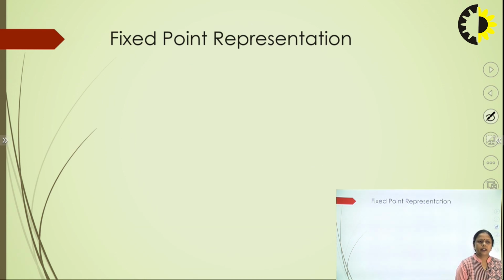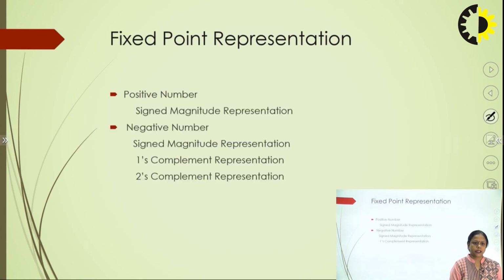Now, to understand the multiplication with the help of the Booth algorithm, we should know about the fixed point representation, how we can represent a number in fixed point representation. There can be two types of number, positive and negative. To represent a positive number, we have one representation technique, known as sign magnitude representation. For example, we want to represent plus 1.